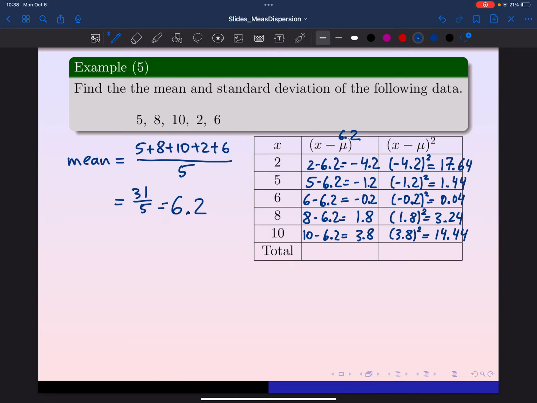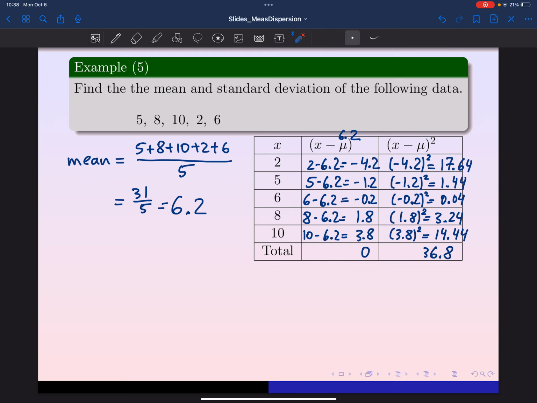And if we add the deviations together, this equals 0. And if I add all those squared values together, pay attention to the decimal. When I add them together, I'm getting 36.8.